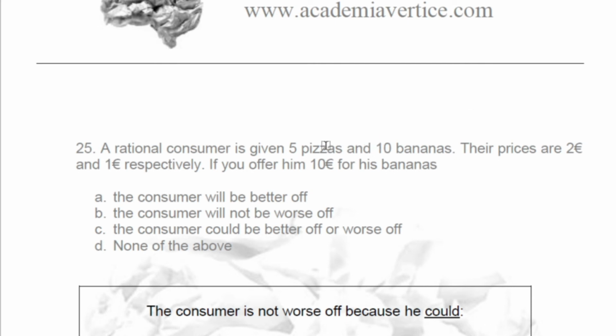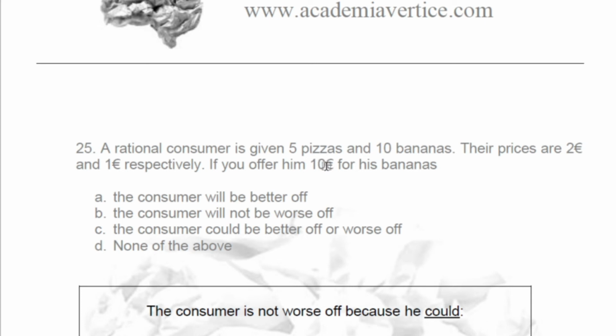Suppose that he doesn't like bananas. He will say, okay, thank you for these 10 euros. I will buy, for example, another 5 pizzas with these 10 euros, and he will be better off.